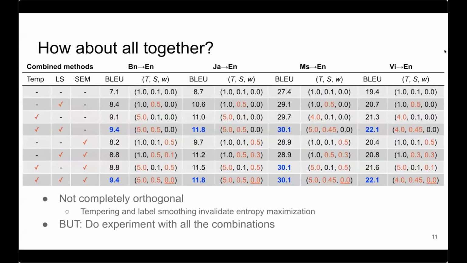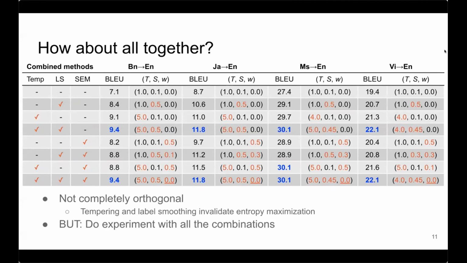But what happens together? If you look at these results, you can see that these methods are complementary pairwise. In other words, temperature and label smoothing are compatible together to a certain extent, where when we have a temperature of say 5 and a label smoothing of say 0.4 to 0.5, then we get the best possible performance.